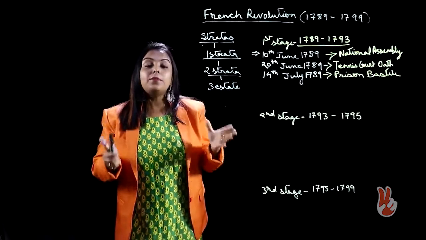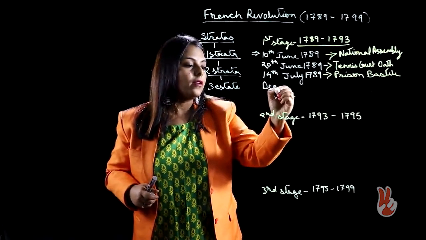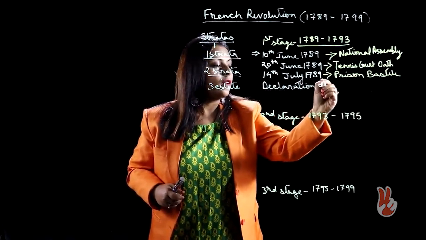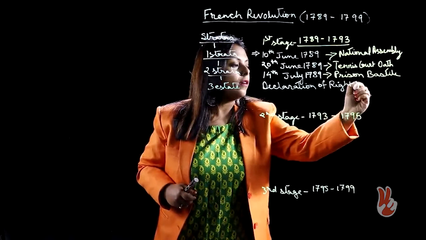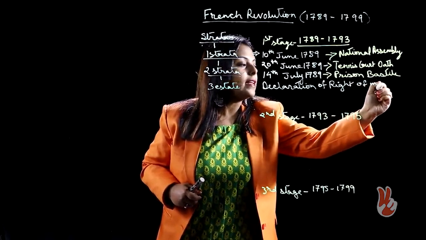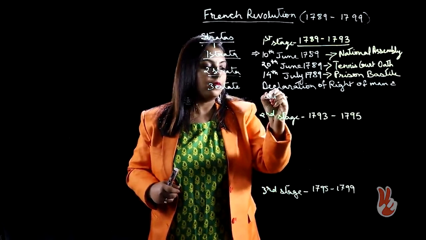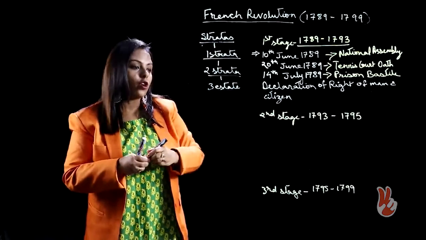First of all, it published the document called Declaration of the Rights of Men and Citizen. Now, what did this document do?